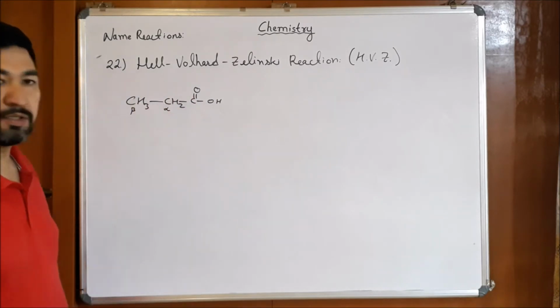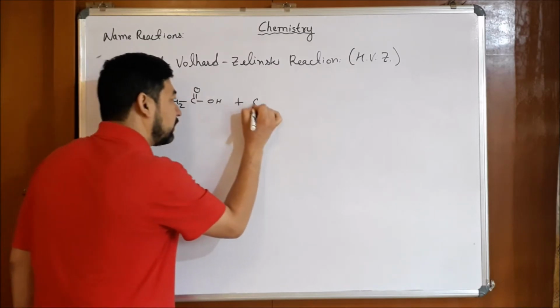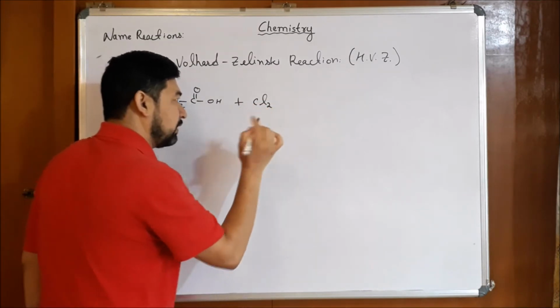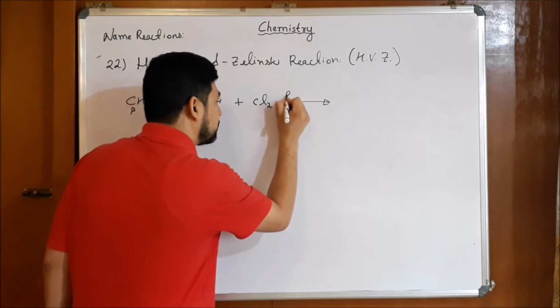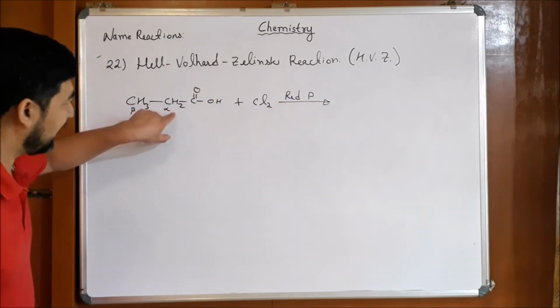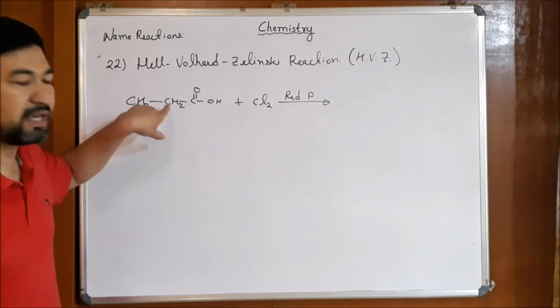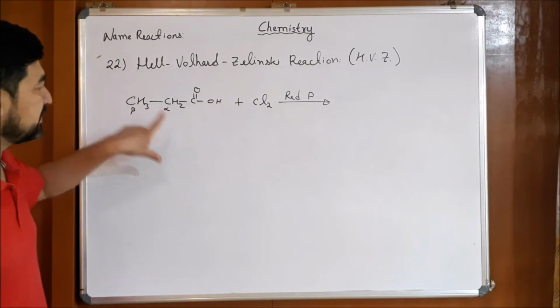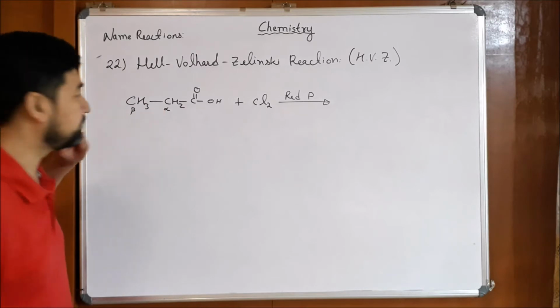In this reaction, when you add chlorine or bromine, a halogen, in the presence of red phosphorus, one of the H's will be replaced by Cl. So mono substitution takes place at the alpha position.